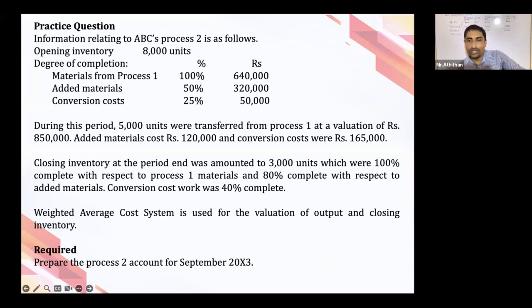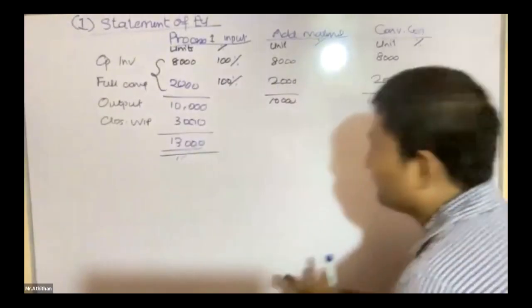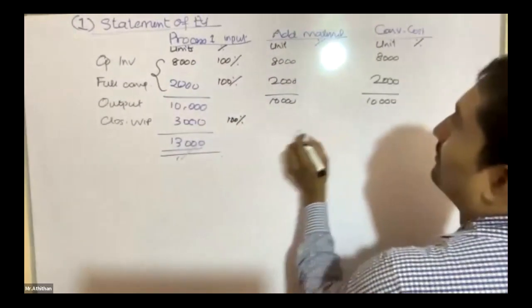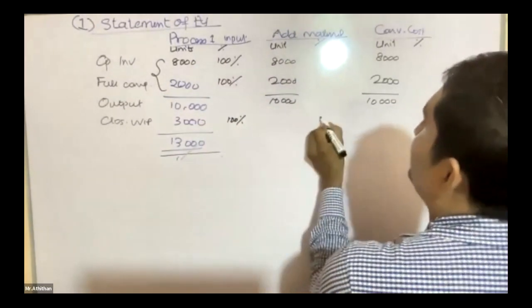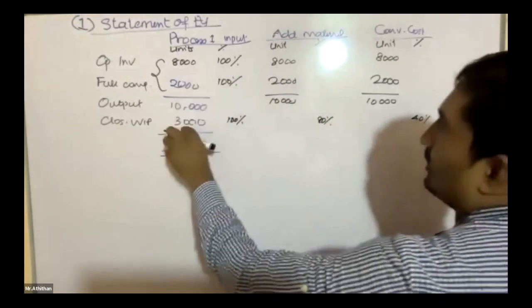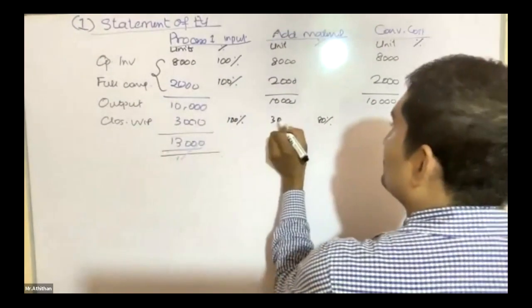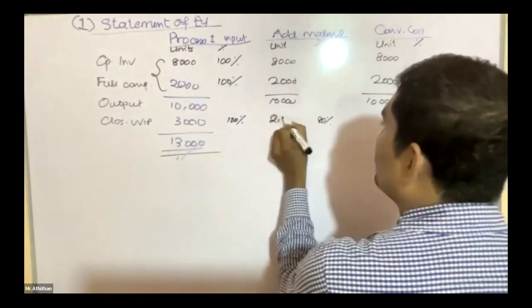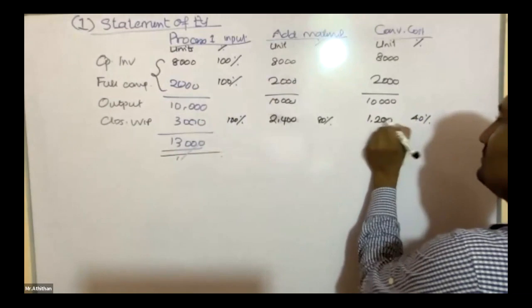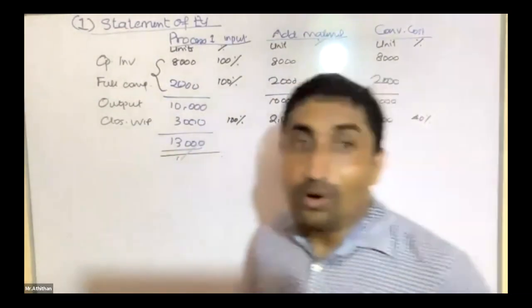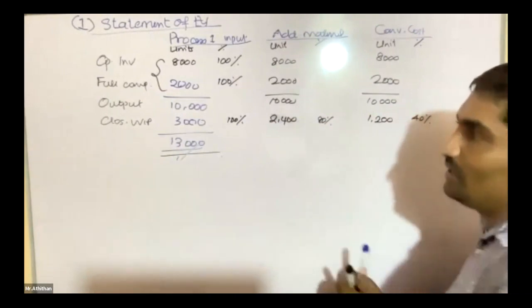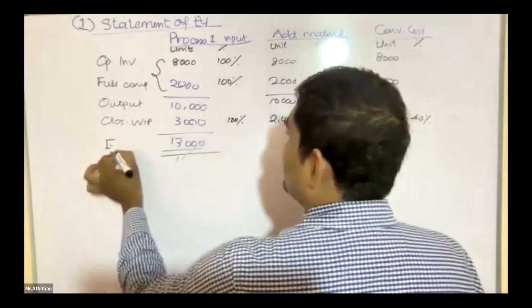So 100, 80, 40. So 100 is 3,000. 80 is 2,400. 40 is 1,200. Right? So now we will reach equivalent units.